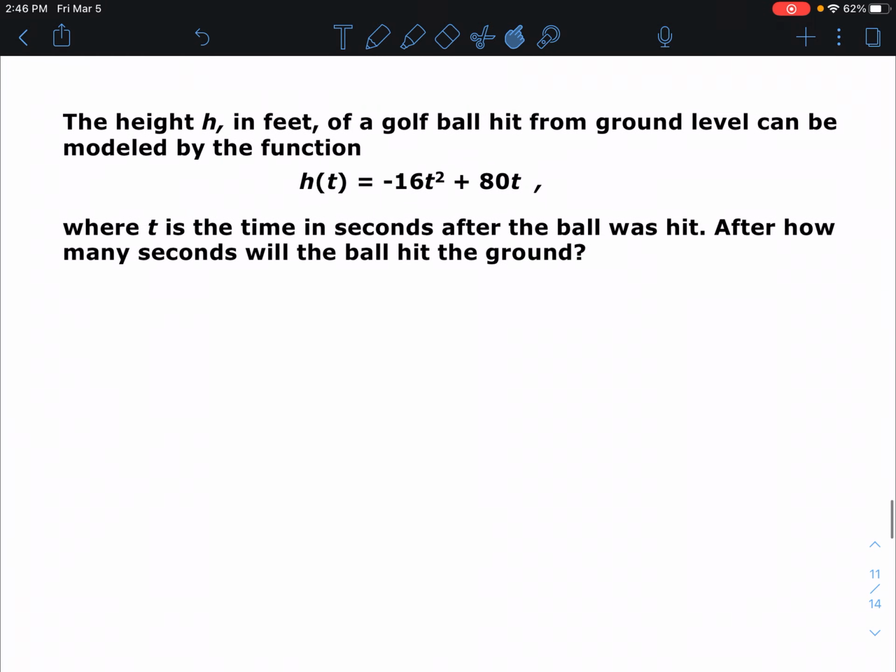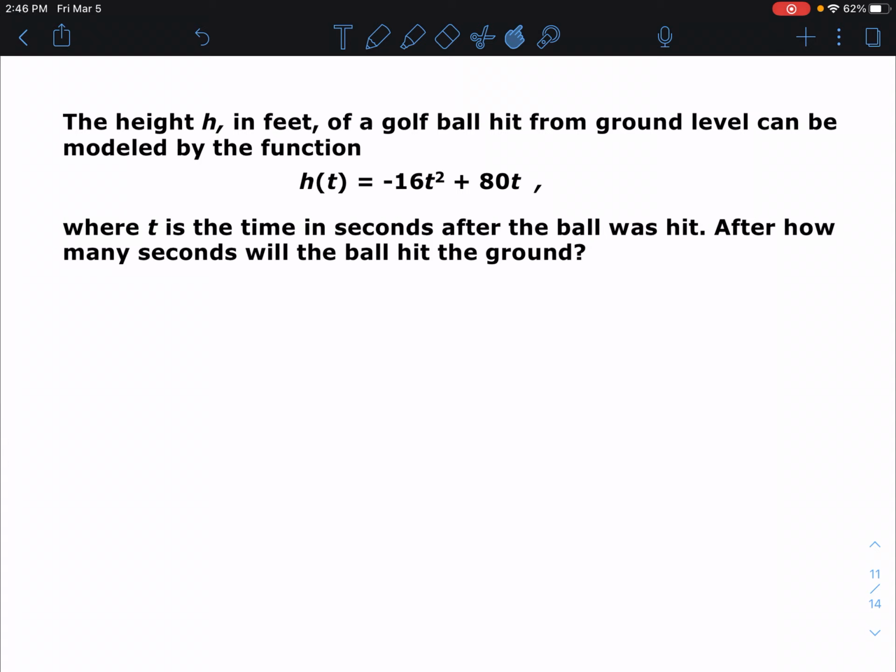Okay. Also, you'll be given some word problems, and you're going to use your graphing calculator to see if you can figure this out with that. It says the height h in feet of a golf ball hit from ground level can be modeled by the function h of t equals -16t squared plus 80t, where t is the time in seconds after the ball is hit.